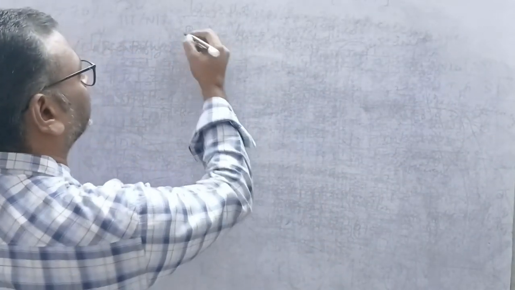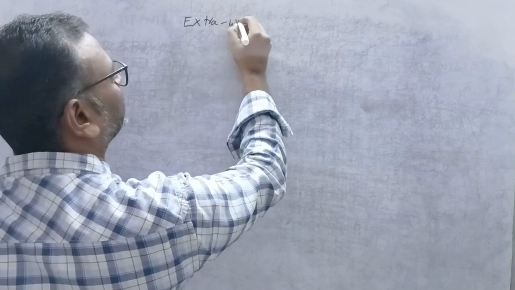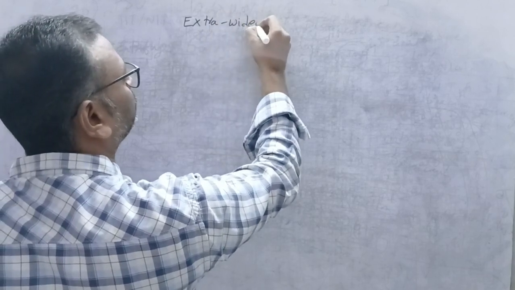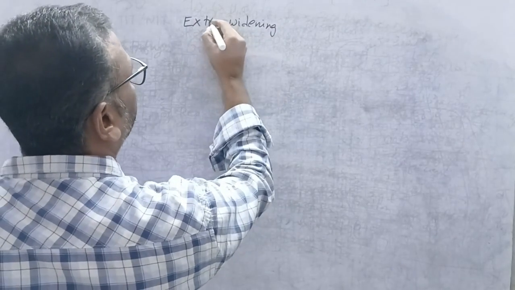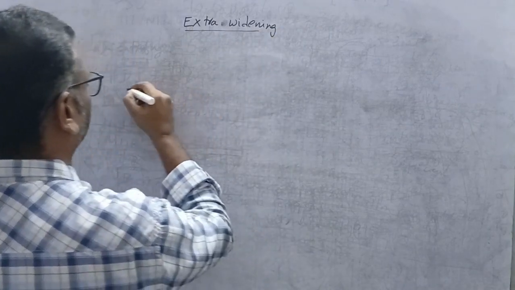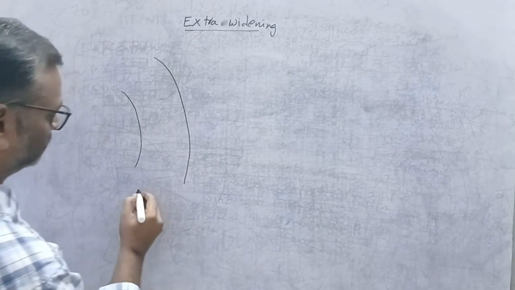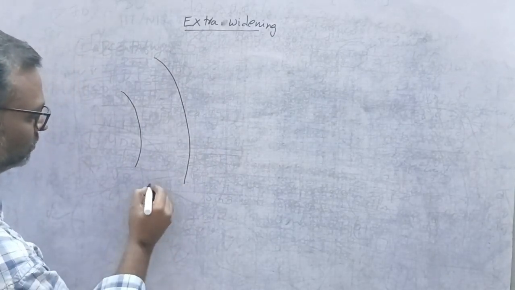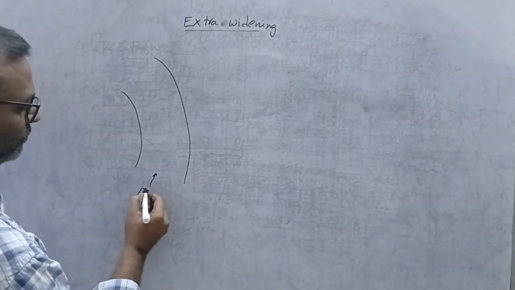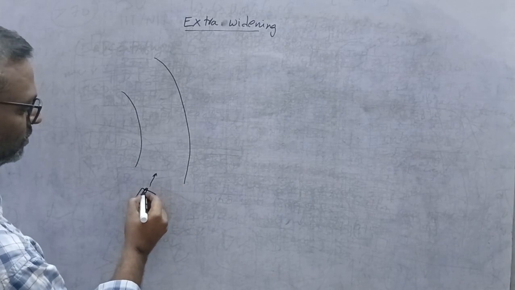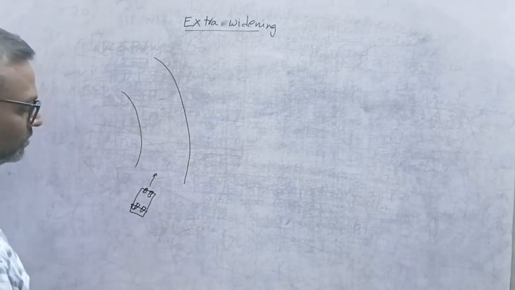So, extra widening. Why is extra widening required? Extra widening at curves. Suppose there is a curve and a vehicle is traveling. So we have front tires and we have back tires.